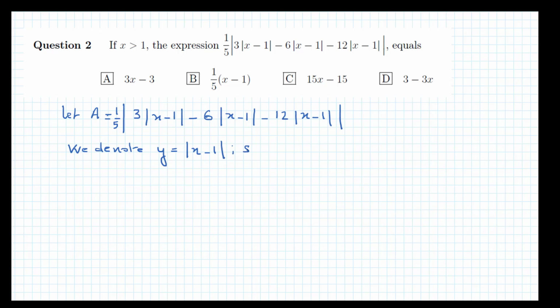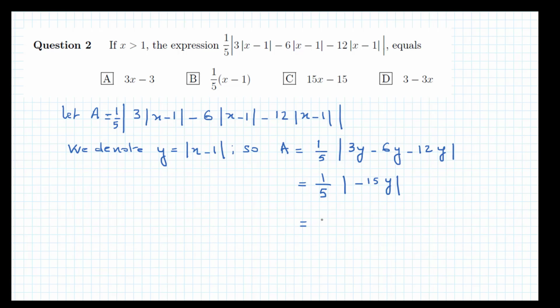I use this notation to make things simpler for you. So the expression A will be in the form of 1 over 5 times the absolute value of 3y minus 6y minus 12y. So as you see here, the computation is simpler. Now adding 3y minus 6y minus 12y, we get minus 15y.